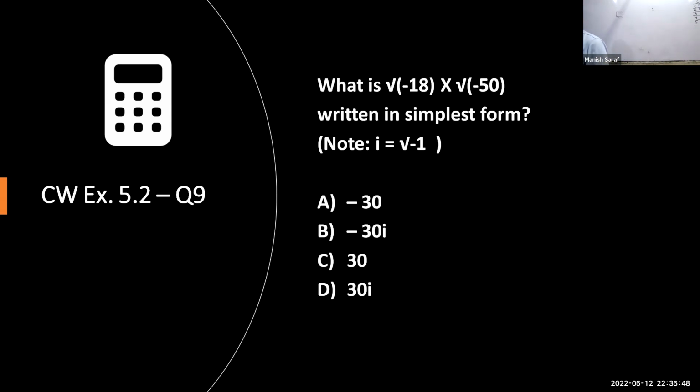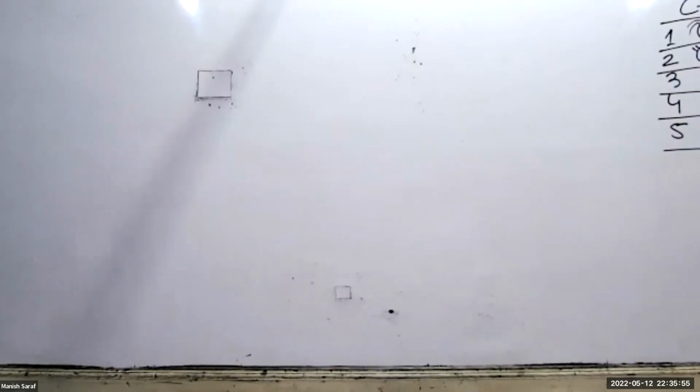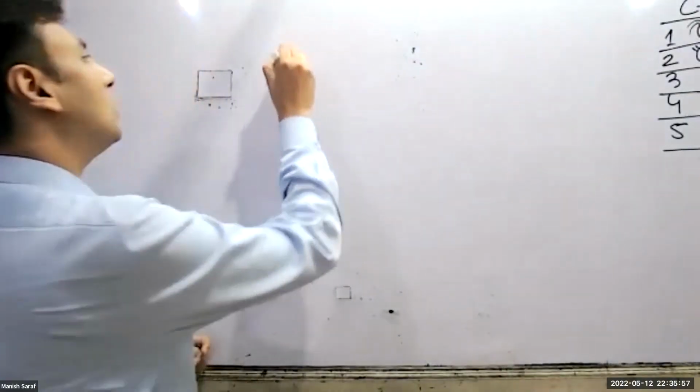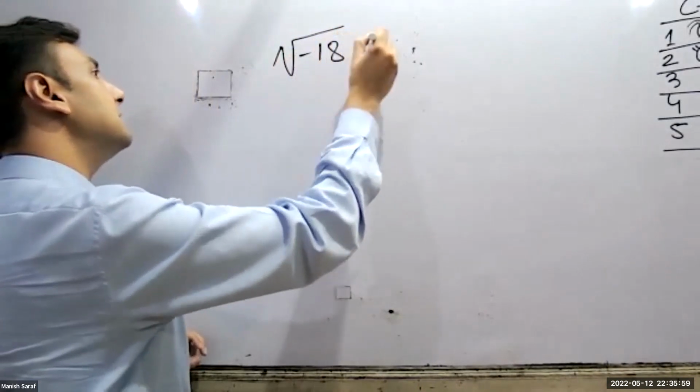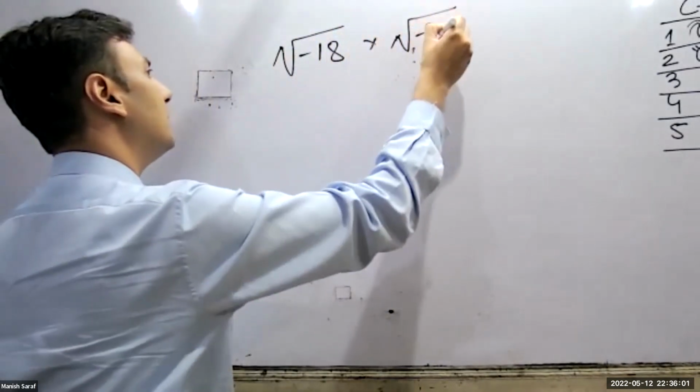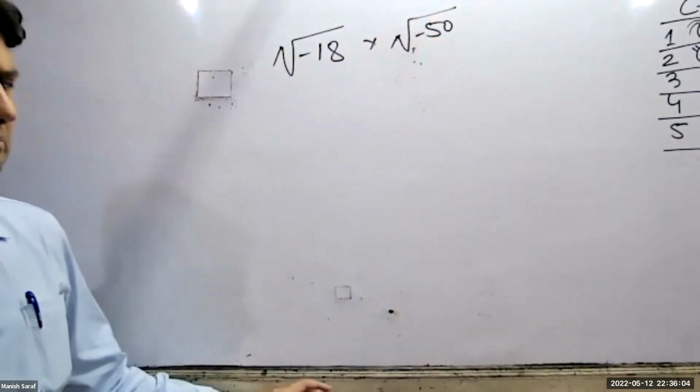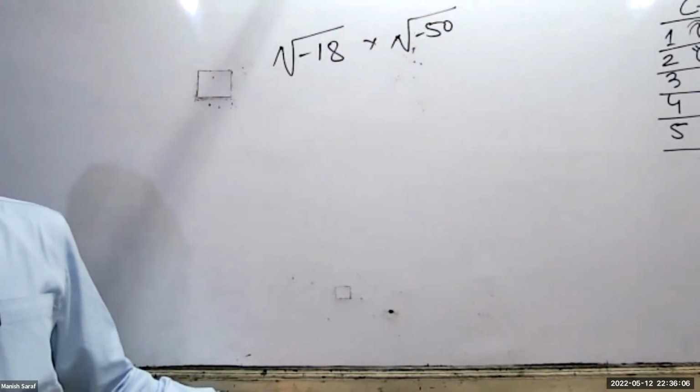So now i. Why not? चलो साथ में करते हैं, है ना? So root of minus 18 into root of minus 50 करना है. Give me some idea. What should I do?